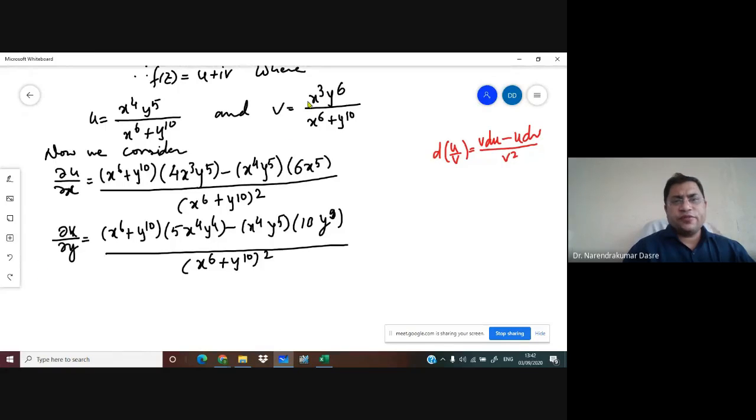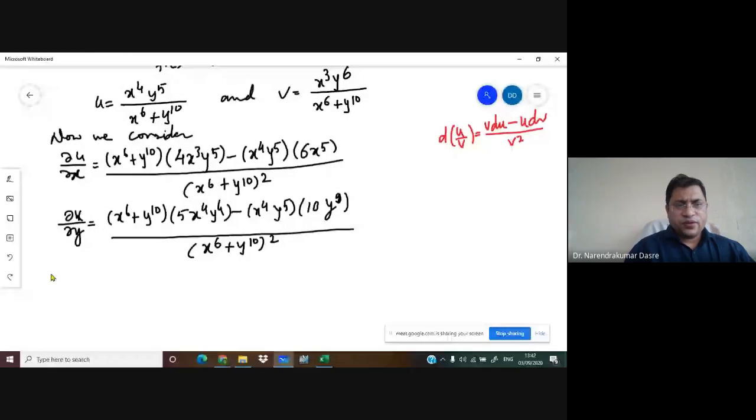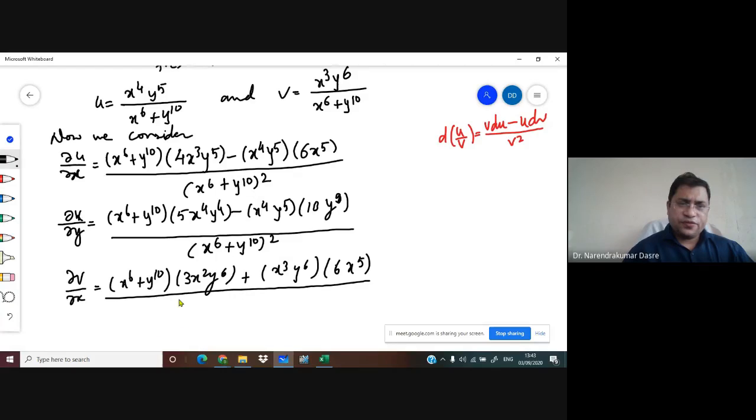Now we have to think of the derivative of v. So we have the derivative of v with respect to x: x raised to 6 plus y raised to 10 into 3x square y raised to 6, minus x cube y raised to 6 into 6 x raised to 5, upon x raised to 6 plus y raised to 10 bracket square.